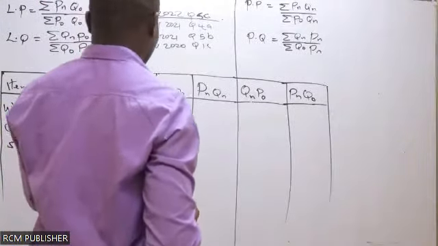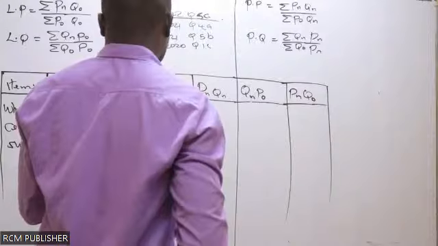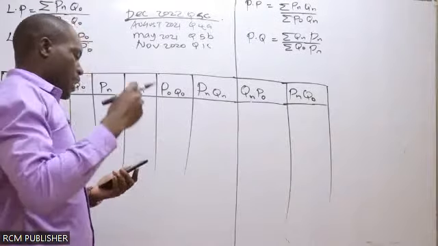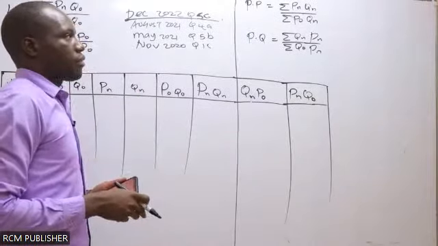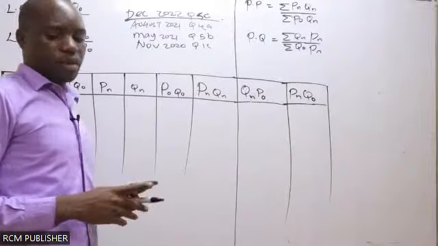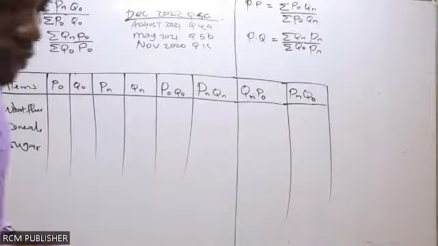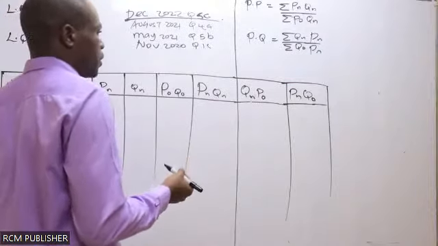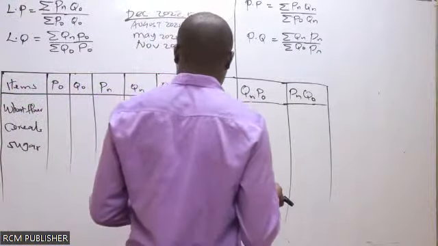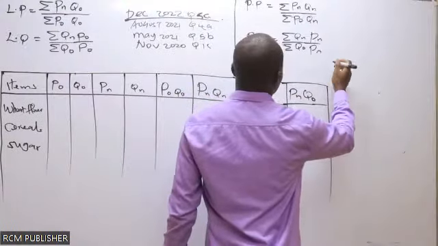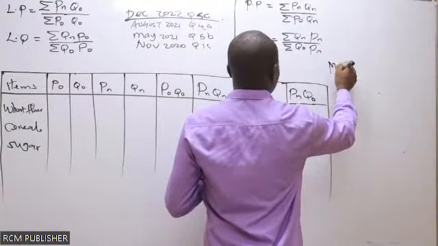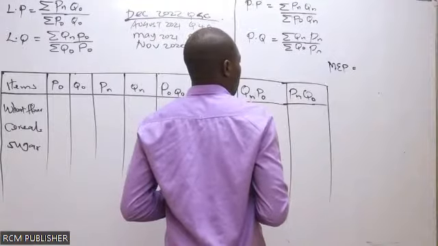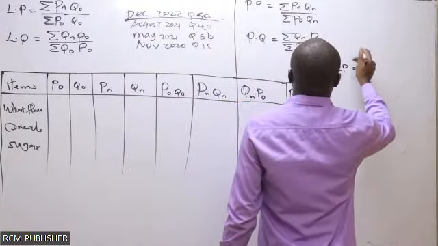Now, the third one we have is Marshall-Edgeworth price index. So you ask yourself, here we are going to apply a mean. Are we going to apply the arithmetic mean or geometric mean? Arithmetic mean. So for the arithmetic mean, we simply need to get the summation of what we have.